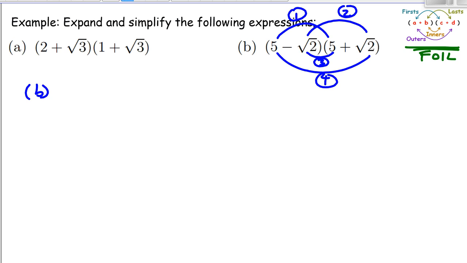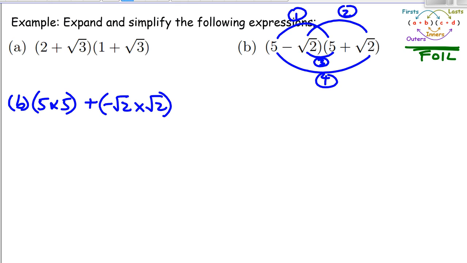In the first step, I'll have 5 multiplied by 5. In the second step, I have negative root 2 multiplied by root 2. In my third step, I have negative root 2 multiplied by 5. And in the fourth step, I have 5 multiplied by root 2.